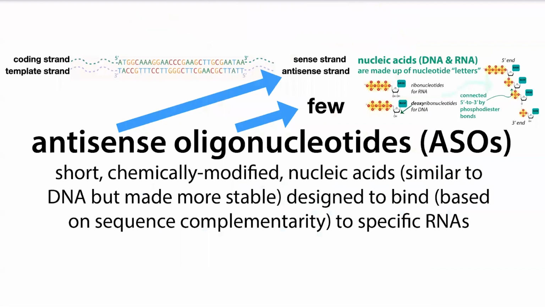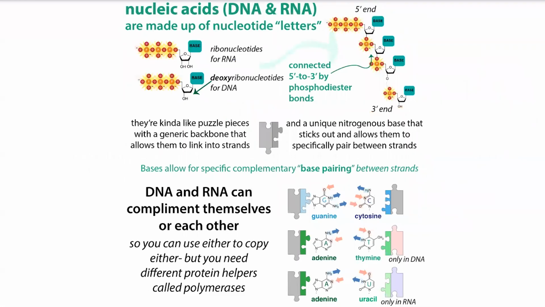So an antisense strand is the strand that's going to bind to that sense strand. So it's the complementary strand. It's going to bind through complementary base pairing. The reason why DNA and RNA can bind to one another, and DNA can bind to DNA and RNA can bind to RNA, is because of this base pairing, where each of the four nucleotides, so these letters, are able to pair up with one another.